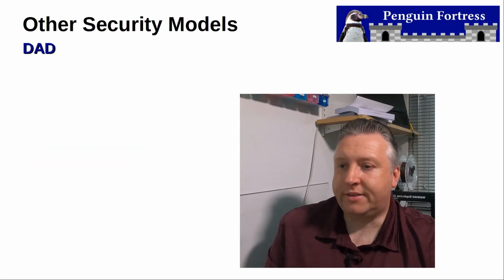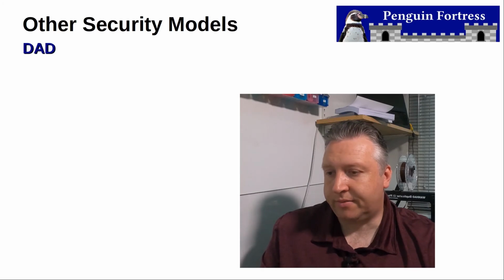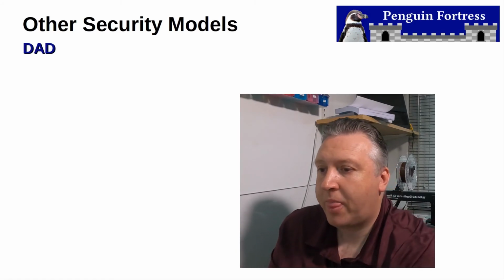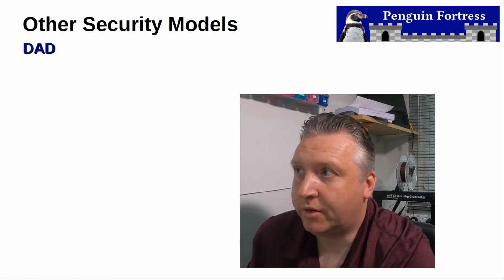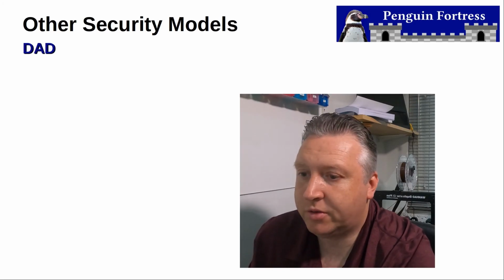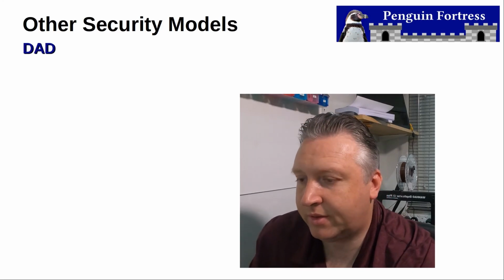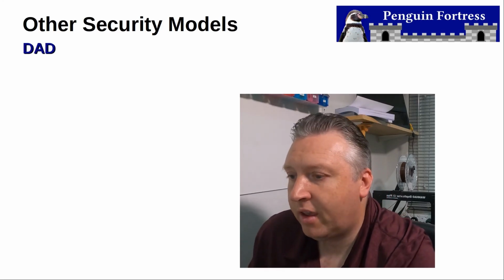The CIA Triad is not the only model for applying security. There are many others. One example is the DAD Triad. This takes the opposite approach of CIA, in that it identifies the things that you want to avoid rather than the things that you desire, which was the CIA Triad.